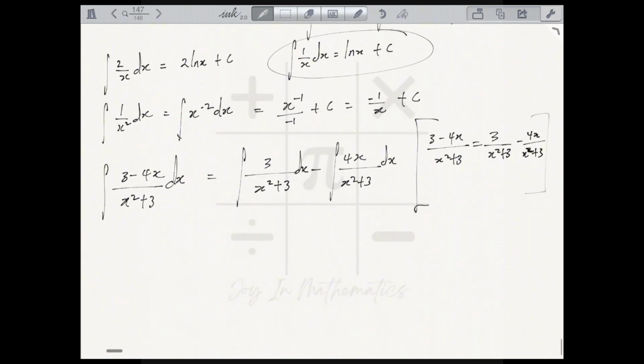Now with this done, we can integrate each term again separately. So let's begin with the integral of 3/(x² + 3) dx.